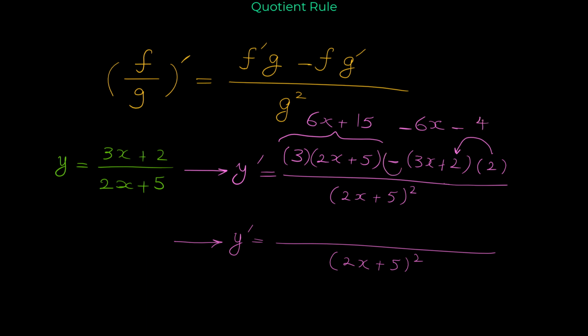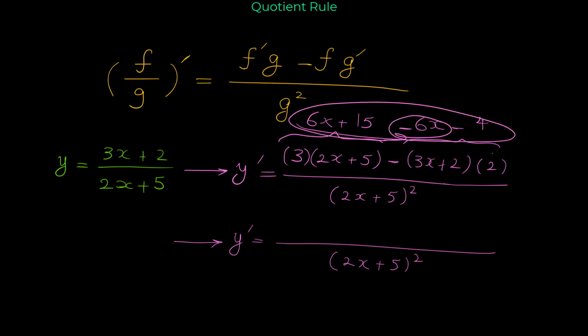Again, don't forget this minus is for all of this, so when you multiply the 2 inside this bracket, you always have to apply and consider this negative. So basically the numerator is this 6x plus 15 minus 6x minus 4. 6x and 6x cancel. 15 minus 4 is 11.